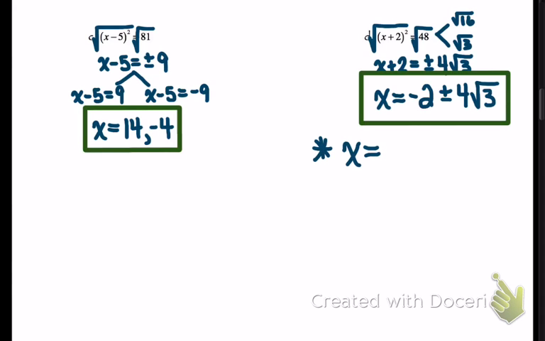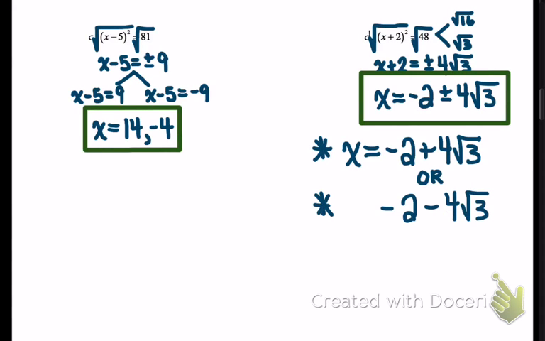Just to show you what that means, you're basically going to have negative 2 plus 4 root 3, and negative 2 minus 4 root 3. What I have in the green box, those are exact answers. The stars that I have there are if I were to ask you for the decimal answers.